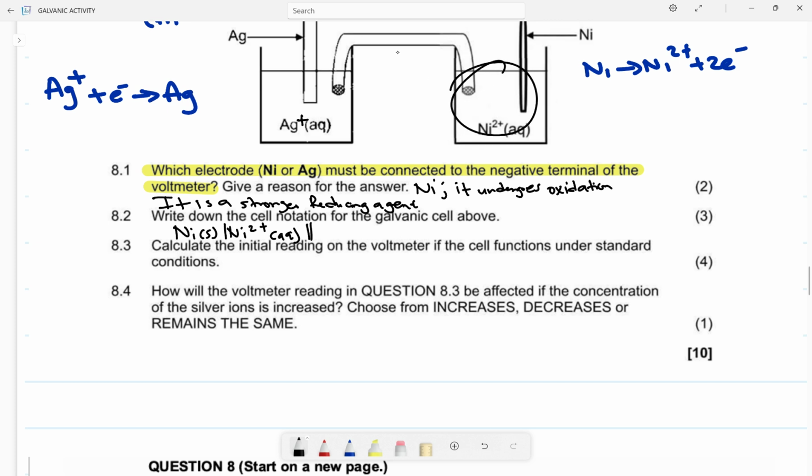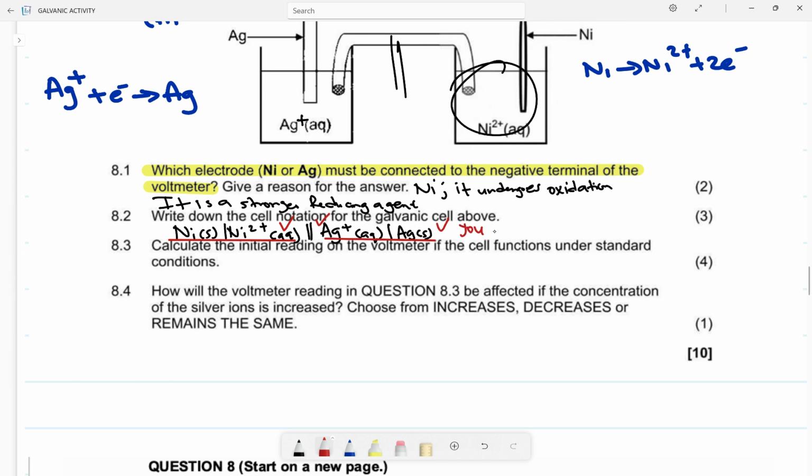We are moving from this side, separated by a salt bridge, and on this side we start with the reactants and then go to the product. So it's going to be Ag+, phase border, Ag. This is like 3 marks, all of this side correct is 1 mark, salt bridge 1 mark.